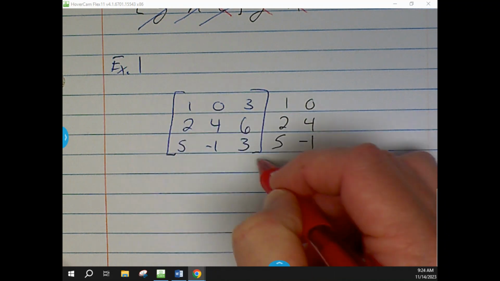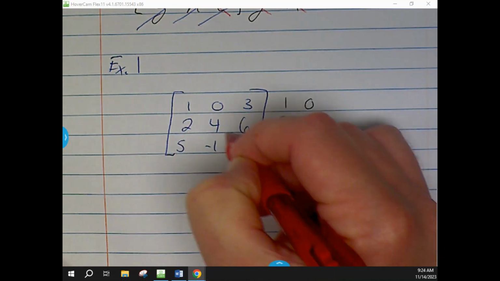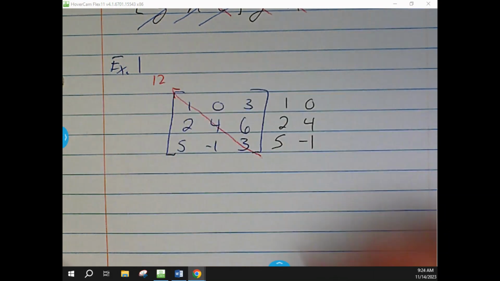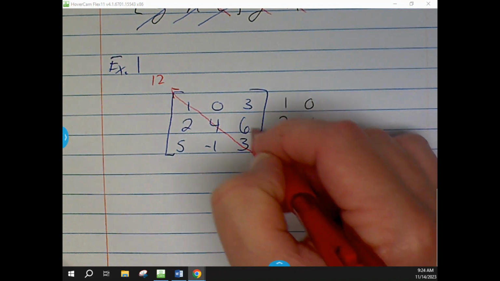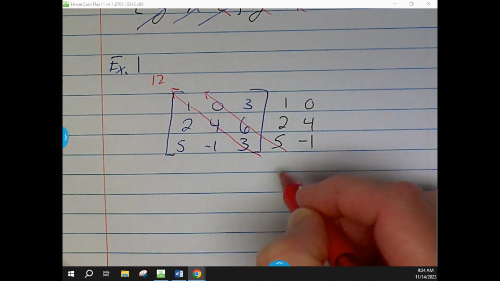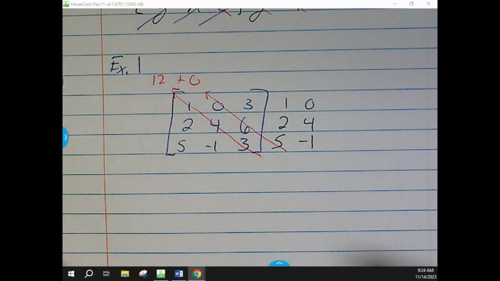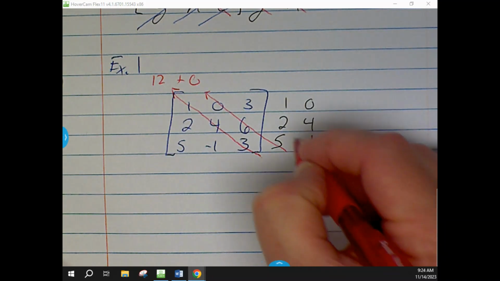We're going to go up and to the left first. So we're going to do 3 times 4 times 1. That's 12. We're going to do 5 times 6 times 0. And that 0 is nice because if you've got a 0 in there, we know that's going to be 0 when you start multiplying. We've got -1 times 2 times 3.